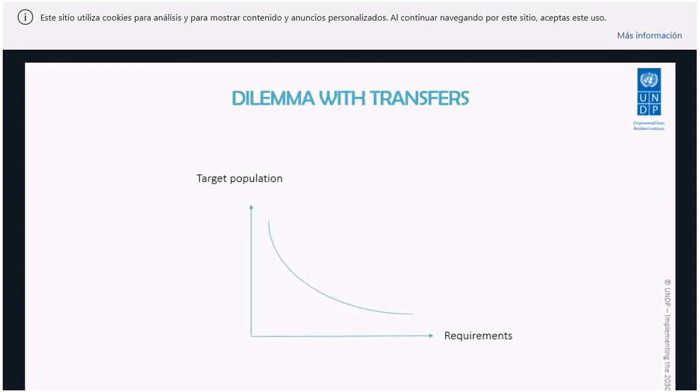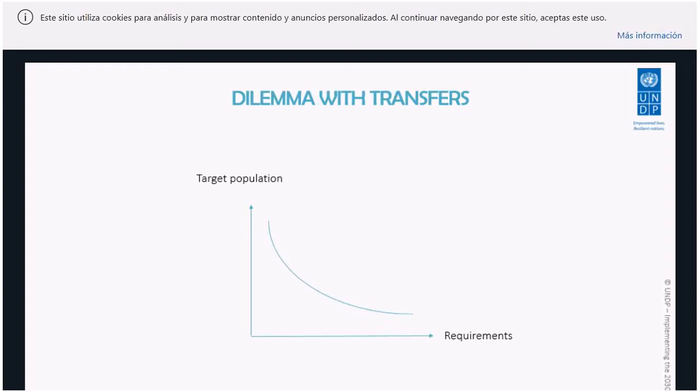Other people will say, okay, yes, but if you implement that, you will be disincentivizing productivity, labor, etc. So people will prefer to stay at home to receive the basic income, not to work. That could have effects on productivity.